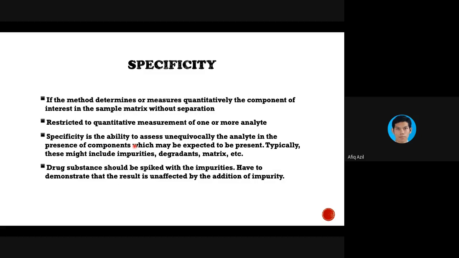This includes impurities present in the formulation itself, other degradants, and also the matrix. The method is normally done by spiking the sample solution or the test solution with impurities. The result obtained should be that the analyte can still be detected if more impurity is added to the test solution.